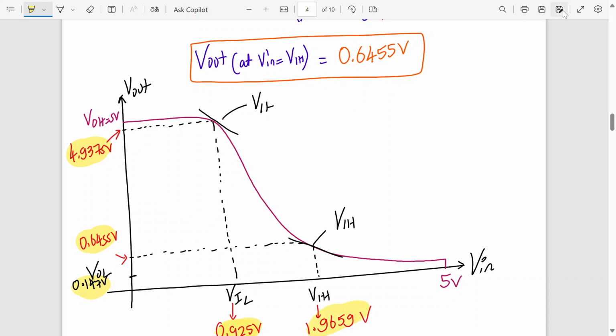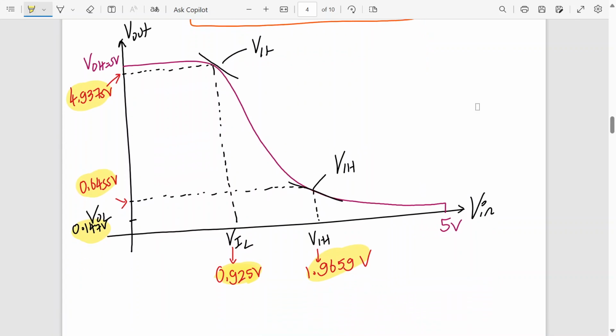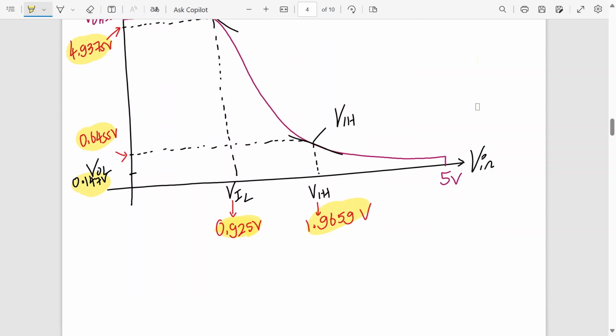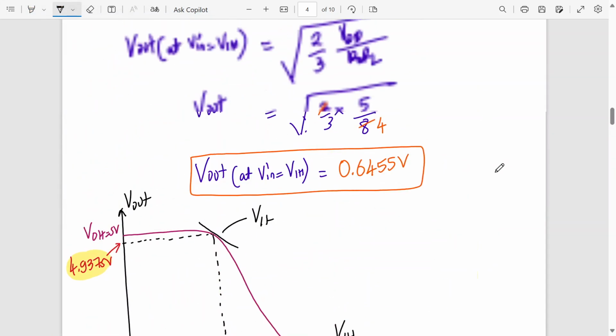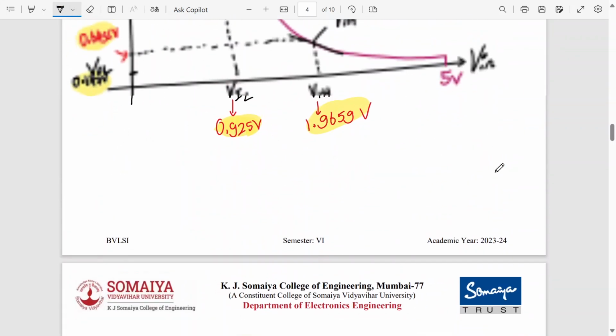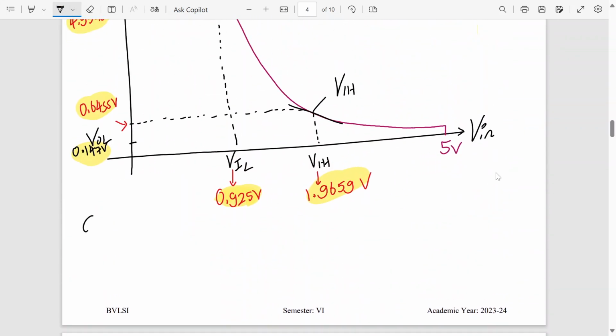Okay. So these were the parameters which we have found out. Next is the location of the critical parameters on the VTC curve. Next is noise margin levels. Can you help me out with noise margin levels? Noise margin low is given by VIL minus VOL.